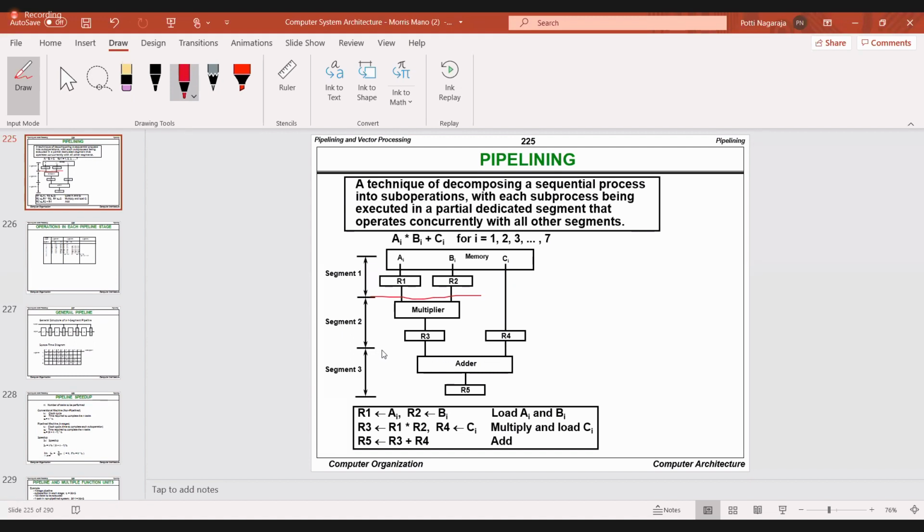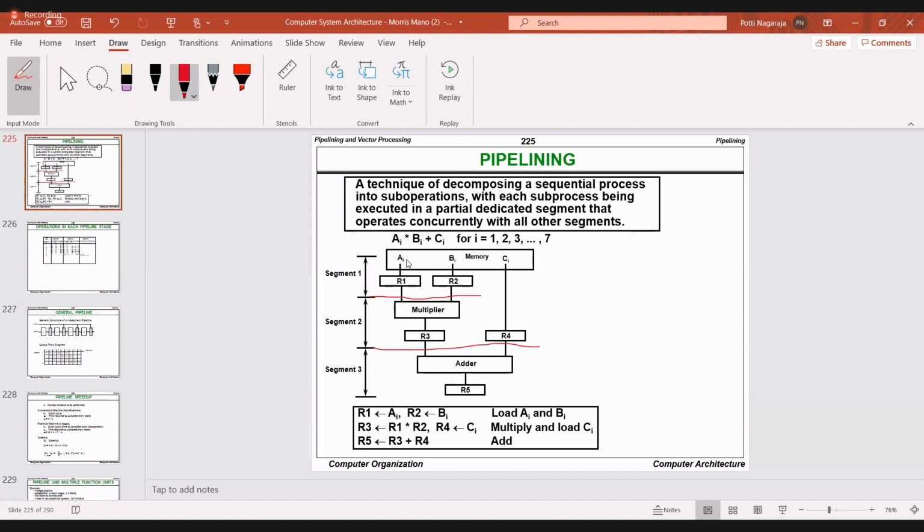So the second segment is completed. Now in segment 3, I will use one adder to add both R3 and R4 and store that value in R5. I think it is a simple operation, and all of you understand.